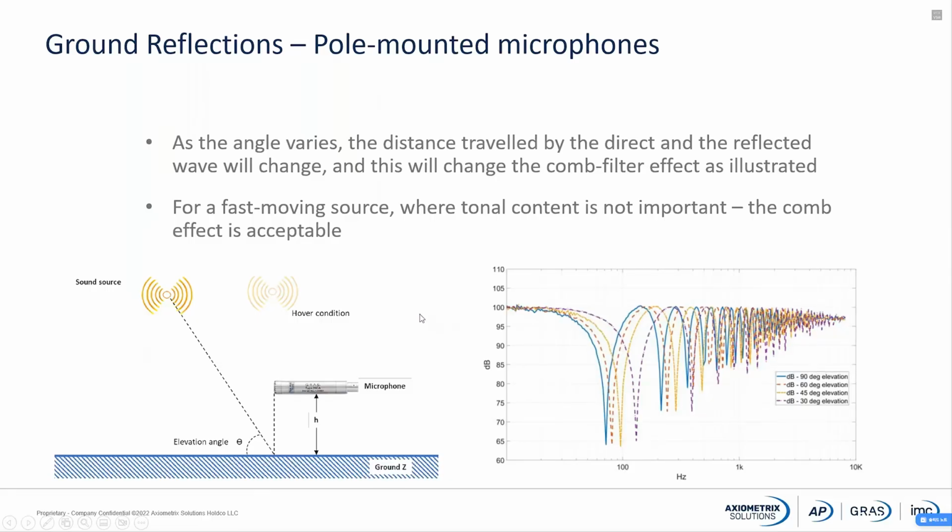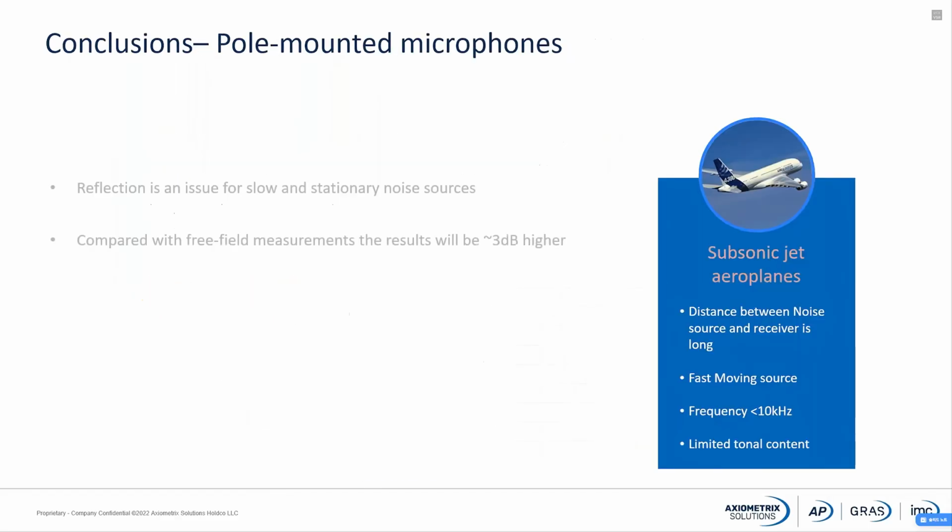So if you're not interested in tonal content, and if it is a fast moving source, this is actually quite a good measurement. So therefore, if we take a look at summing up here, we said that for subsonic jet airplanes, the distance between the source and receiver is far or long.